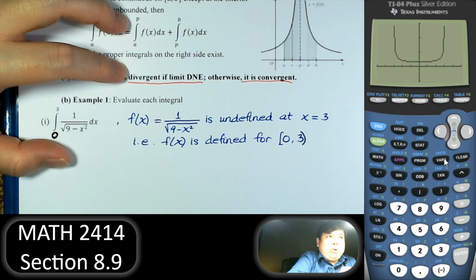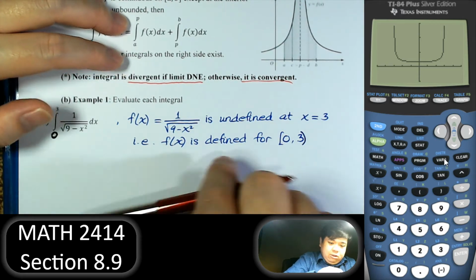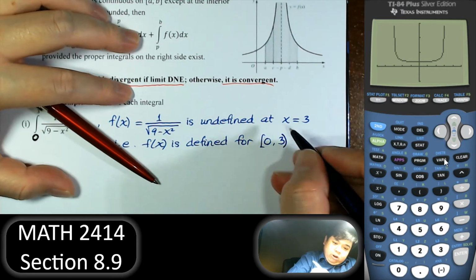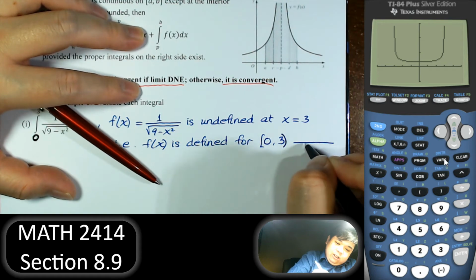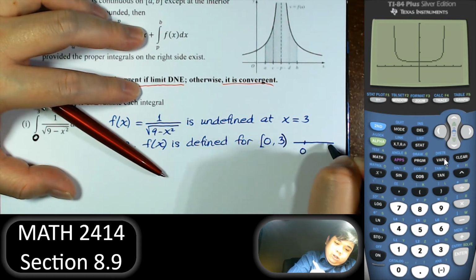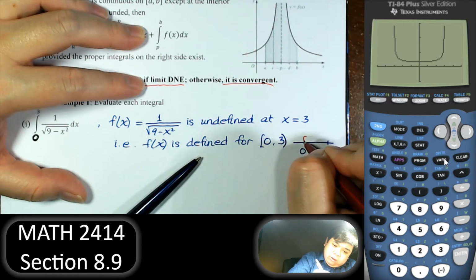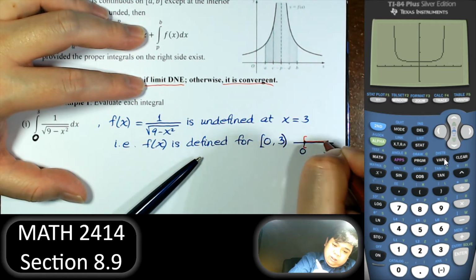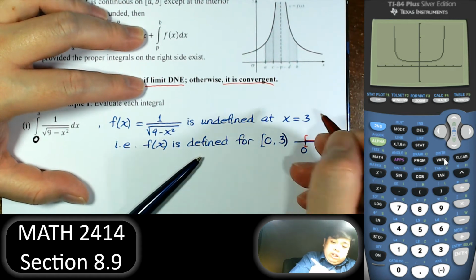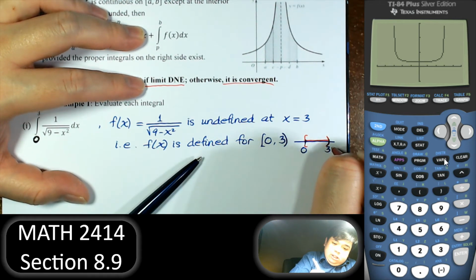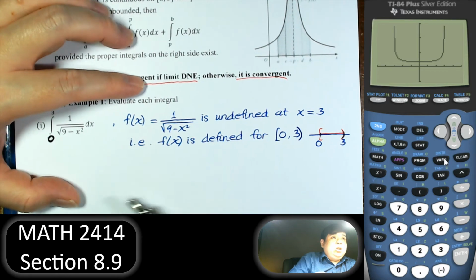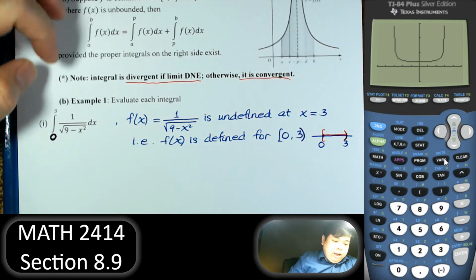Not including the 3. Right, now, if we draw the line from 0 to 3, and we talk about this interval, this is on the left of 3, so we should say 3 from the negative side.